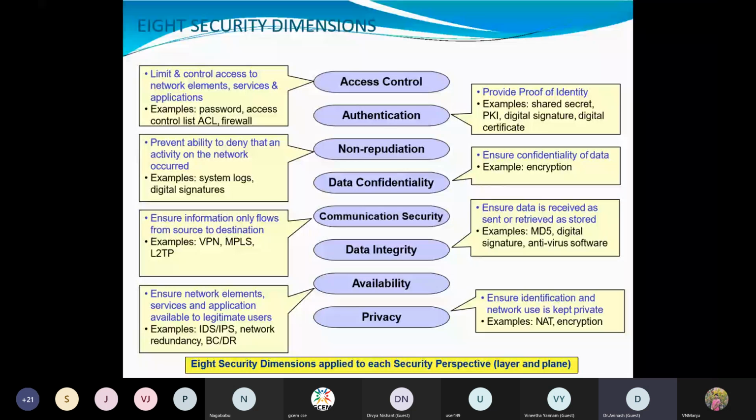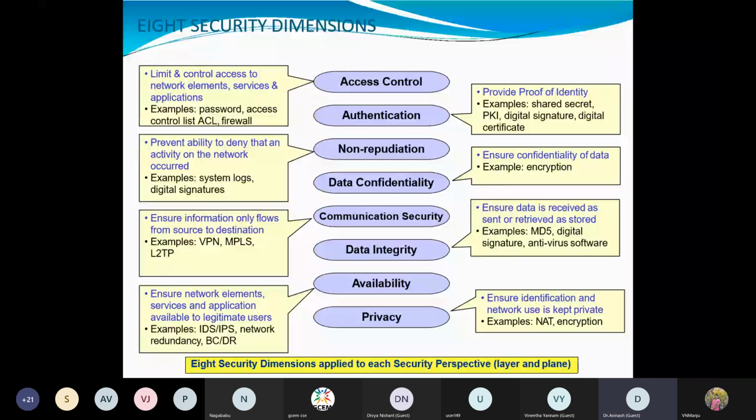We normally use a digital signature or a digital certificate. These are possible examples, or some kind of shared secret, or PKI, that is some kind of key information. All these are possible ways by which we can provide proof of identity, and that process is called the authentication process.